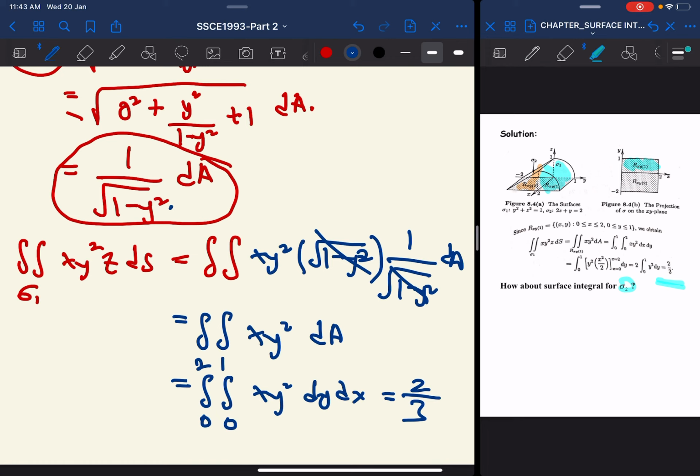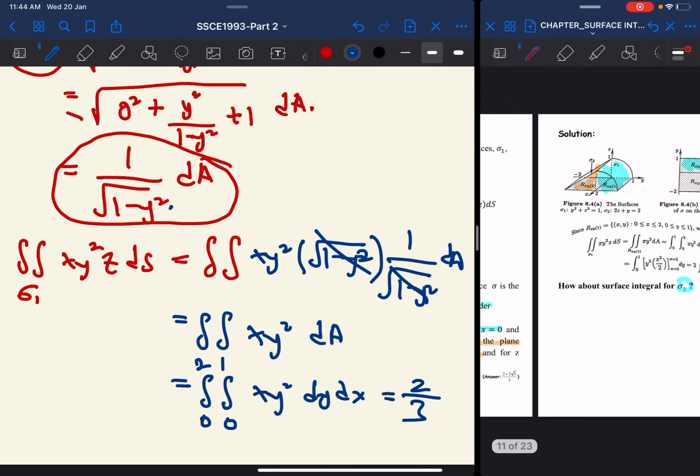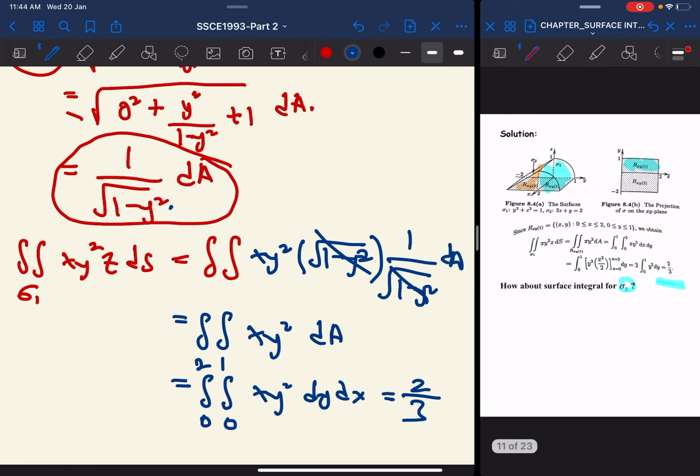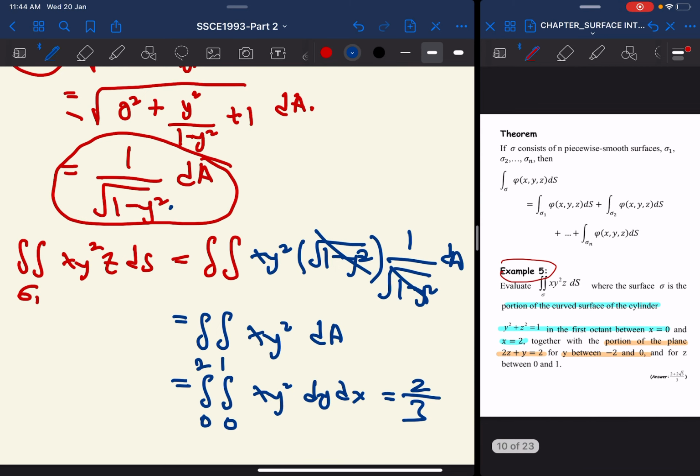Then finally you put it together, and you will get that the surface integral for the given question is the summation for surface 1 plus the summation for surface 2. This has been shown for the first surface. What about the second surface? I have also shown the final answer here so that you can compare.